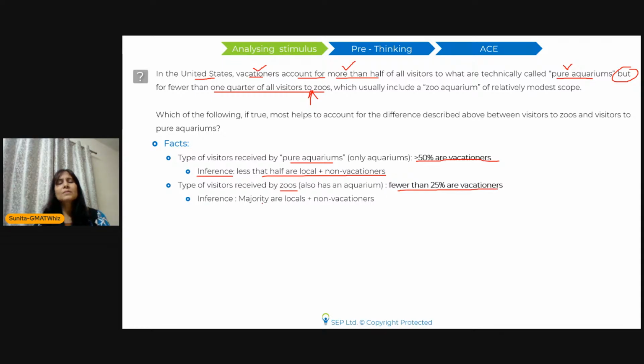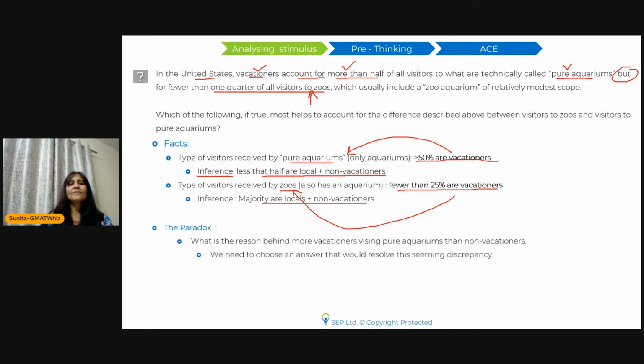By inference, it means the majority of the visitors to zoos are locals or non-vacationers. So basically, we have to identify why vacationers prefer the pure aquarium to the zoos. We have to identify the reason why more vacationers are intent on visiting the pure aquarium when they are on vacation.